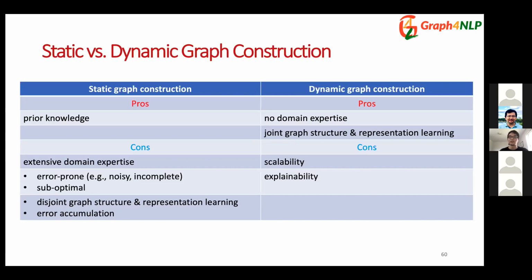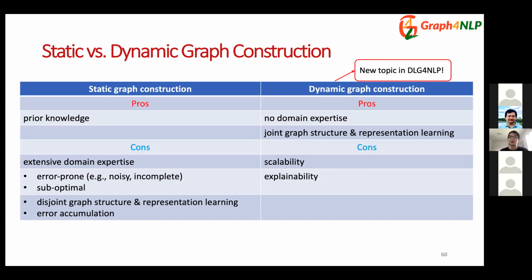Compared to static graph construction, dynamic graph construction is actually quite new and has not been extensively studied in the DLG4NLP area. Its advantages include requiring no domain expertise, and it jointly learns the graph structure and the graph representations in an end-to-end manner.